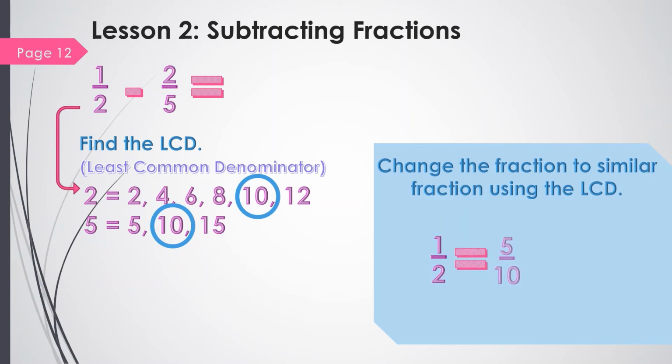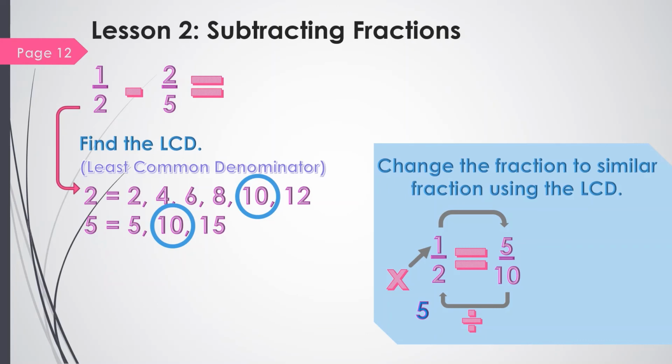So 1/2 is equal to 5/10. Bakit nga ba 5/10? Yung 10 ay yung LCD natin. Tapos, we divide it with 2, denominator natin, and you will get 5, right? Tapos, times natin siya. 5 times 1 is equal to 5.